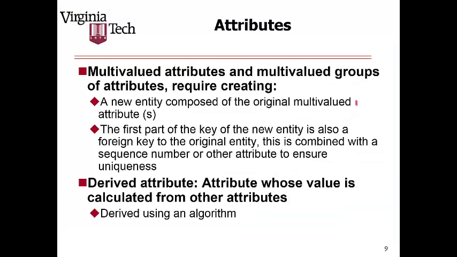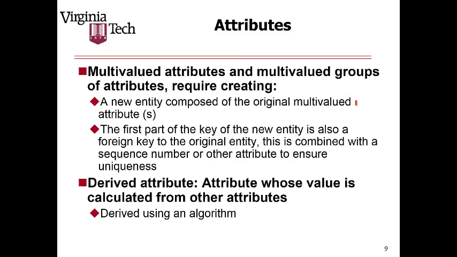Well, so multi-valued attributes and multi-valued groups of attributes require creating a new entity with those attributes, and then requiring the key of the new entity to be a foreign key in the original entity. This way you maintain the relationship with the original entity.